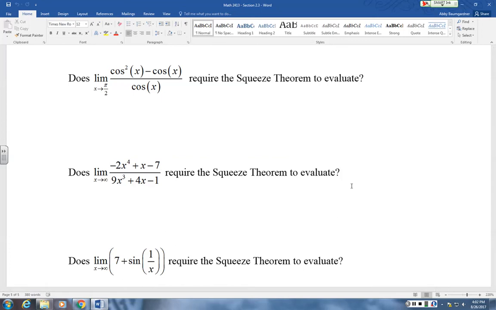So this first one, I would say no, because if you look, there's a cosine in every single one of those terms, so you could factor a cosine out. So I'm going to say no on this one.